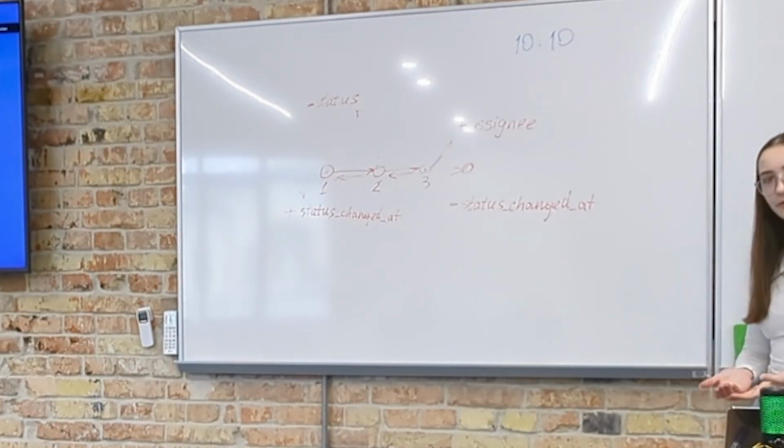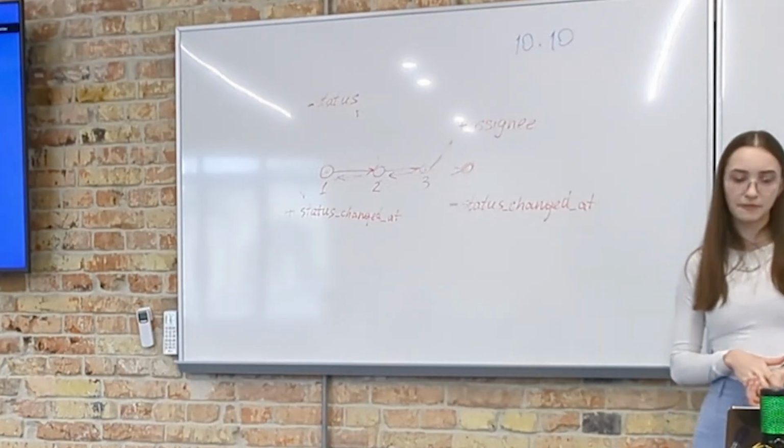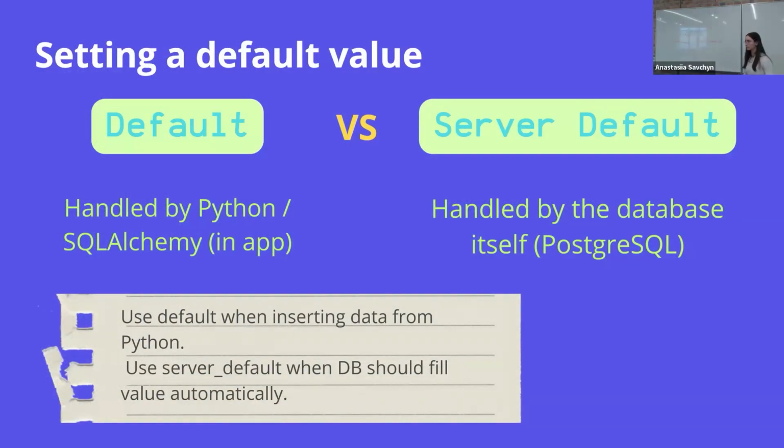And with server default, when you add some column that has server default specified, that means that if you use your database without Python at all, it will apply it as a default because this change is captured at PostgreSQL level. So your database knows that it has some defaults. That is just an interesting thing for you.